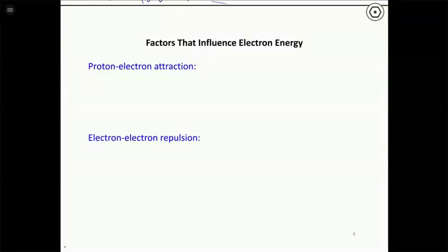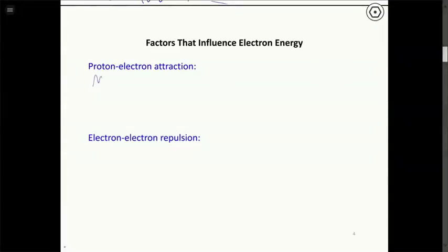And so as you add more protons to the nucleus, when we're talking about multi-electron atoms, each time you add another electron, you add another proton to the nucleus, of course, if we're talking about neutral atoms. If you go to larger atoms that have more protons in the nucleus, you're going to have stronger attractions between the electron and the nucleus.